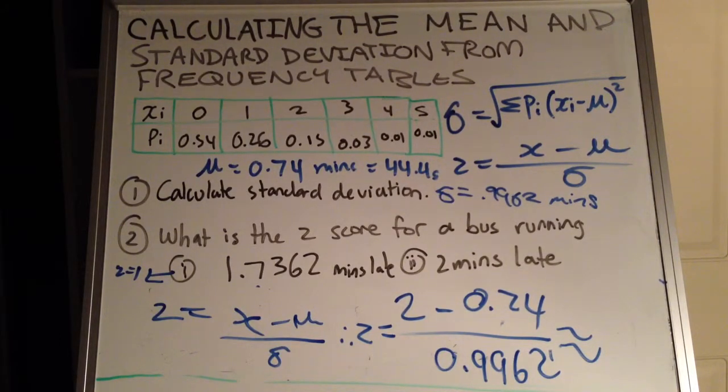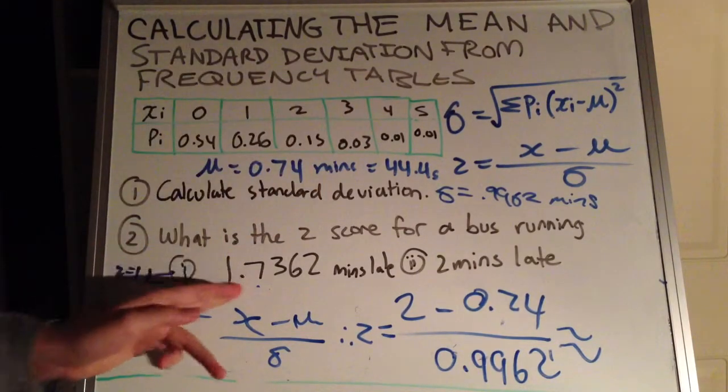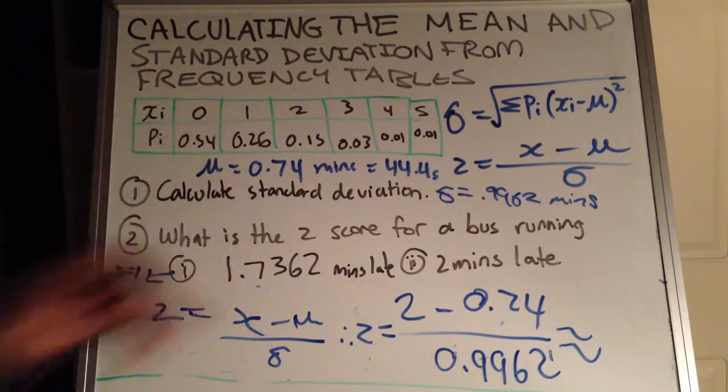That's essentially what the z-score is. We go into our TI-84 calculator, go alpha, y equals, press 2, then delete the square out the front, and we just go 2 take 0.74, that gives us a fraction bar, we put that in the numerator, and then divide by the denominator. We should get a positive result, because obviously 2 minutes is further along the distribution than 1.7 minutes late, and we're looking to the right of the mean.